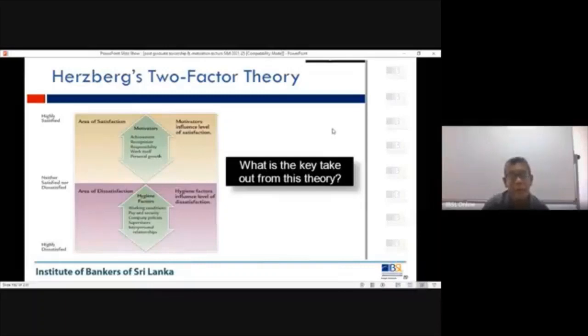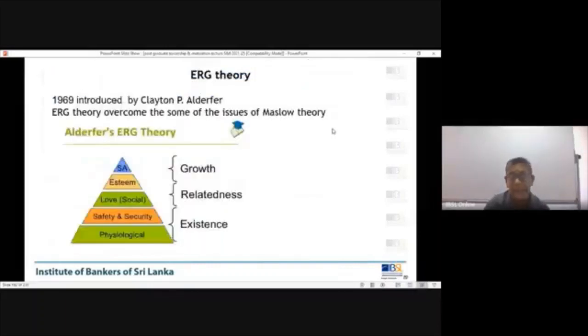Then we move into the third theory of content, the ERG theory. This theory was developed by Clayton Alderfer in 1960. That is not so long ago, those are very recent stories.